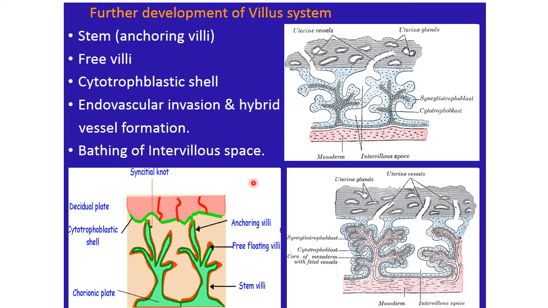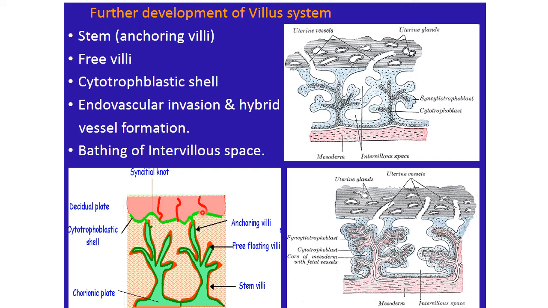Dear students, the outermost covering of the villi is the syncytiotrophoblast, but in the anchoring villi, the cytotrophoblast starts to pierce the tip of the anchoring villi. They come out and start to grow sideways in this manner.